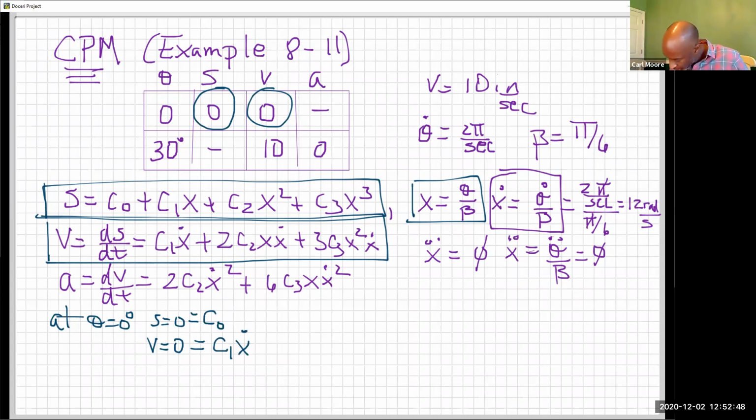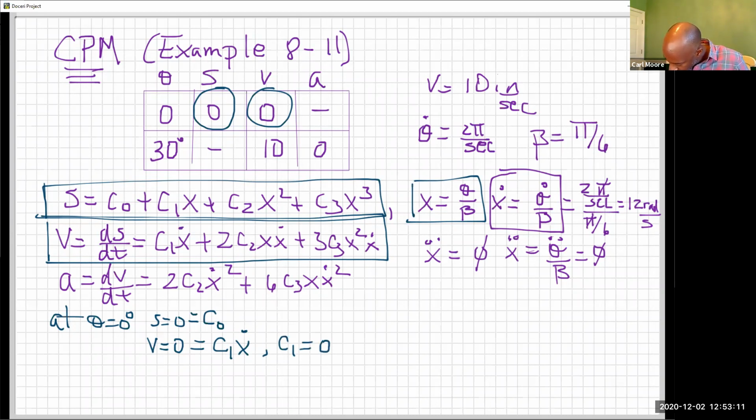So we just have a C1. But what is the C1 equal to? If the equation equals 0, and we know x dot is equal to 12, then that means that our C1 is equal to 0. So far we found 2 of our constants, the C0 and the C1.